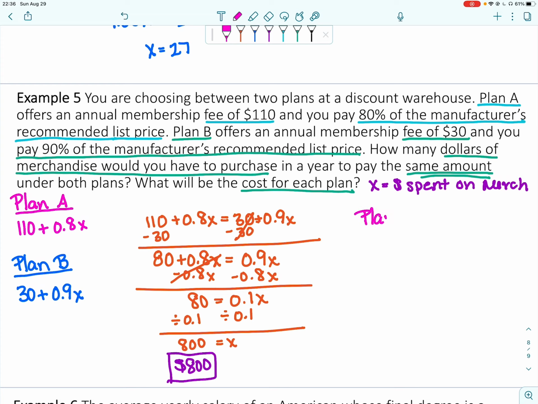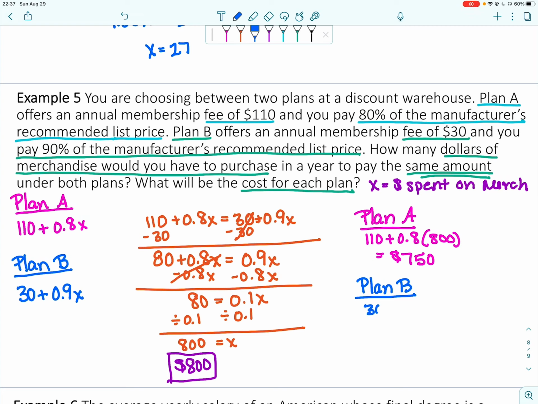How much would they cost? Well, this is how we'll check and make sure we did this correctly. If I plug in 800 for X, 0.8 times 800, plus 110, is 750. So under plan A, if you buy $800 worth of stuff, in the end, with your membership fee and your discount, you're only paying $750.